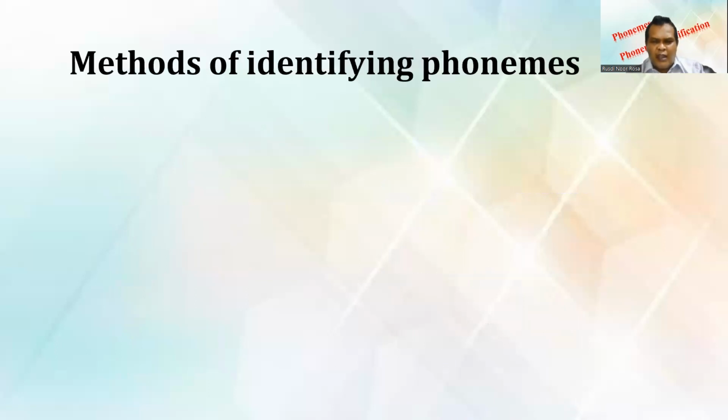Now, let's talk about the methods of identifying phonemes, or the tests that we can use in order to identify whether the sound is a phoneme or an allophone. There are three methods of identifying phonemes.